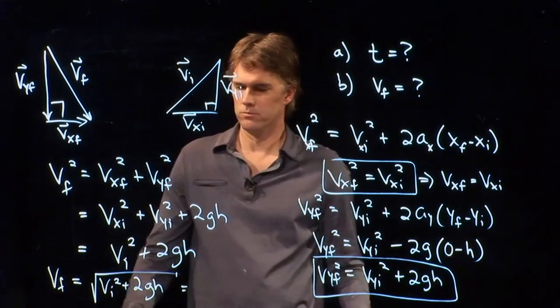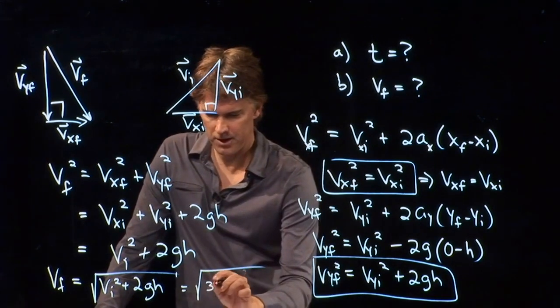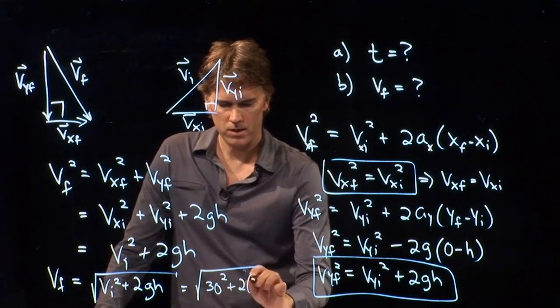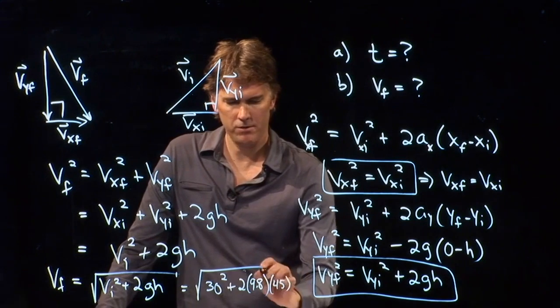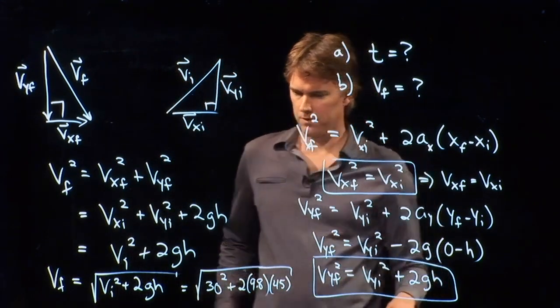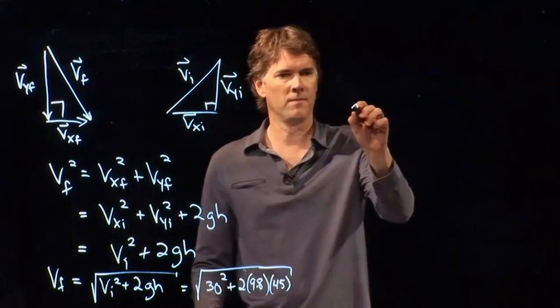And let's try the numbers and see what we get. So Vi we said was 30. We've got a 2, 9.8 for g, and we said 45 meters for h. So let's see if we can approximate that while you guys punch it into your calculator.